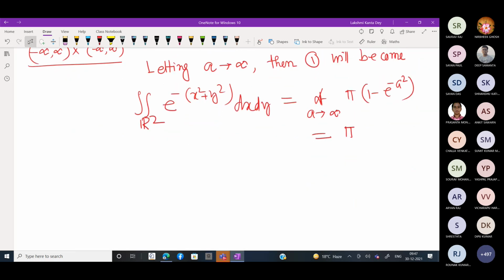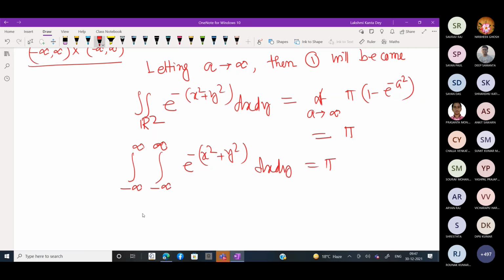Now you see what happens. It is a continuous function, so can I write the integral from minus infinity to infinity, minus infinity to infinity, of e to the power minus (x square plus y square) dx dy as pi?